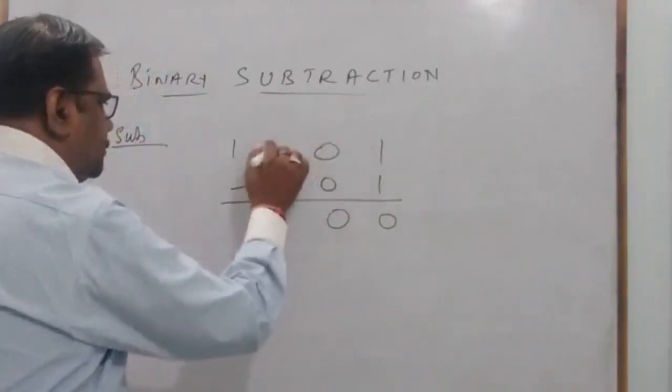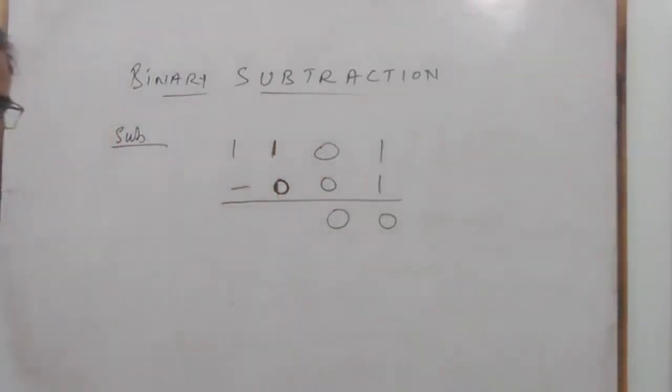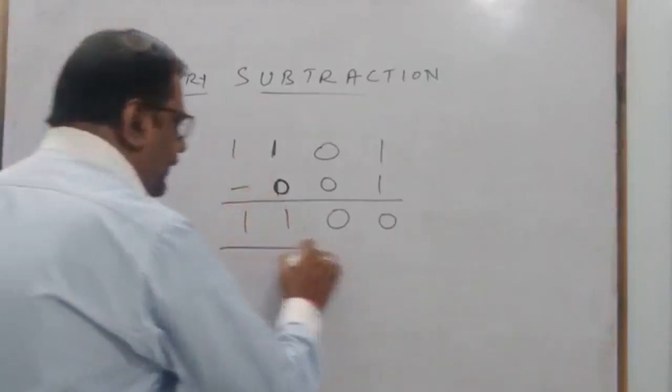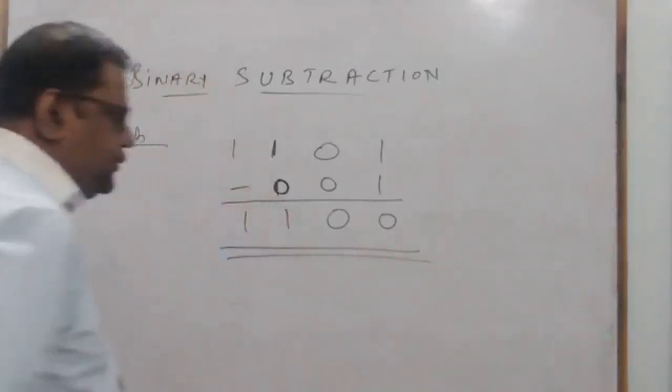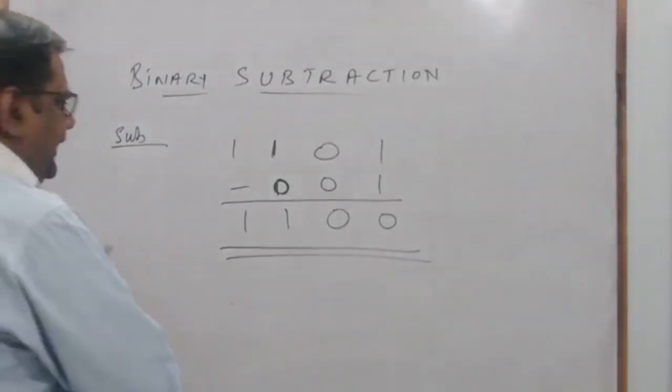I am taking it as 1 and I am taking it as 0. 1 minus 0, 1. And the 1 is the remaining value. So the answer is 1100. It's very simple. It's one of the simplest questions that we can do in binary subtraction. Please note it down. Now come to the next one.